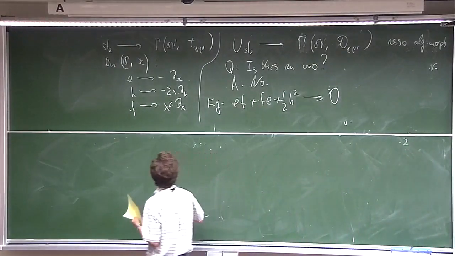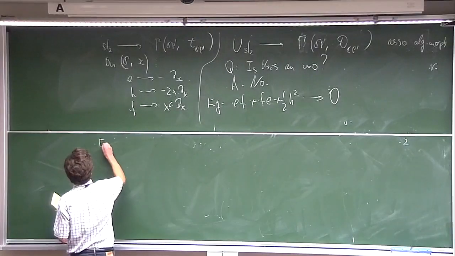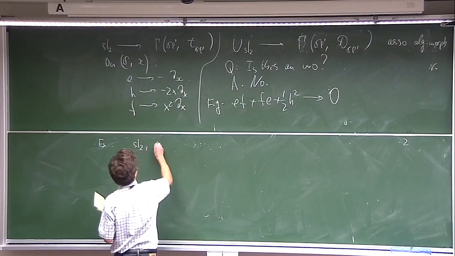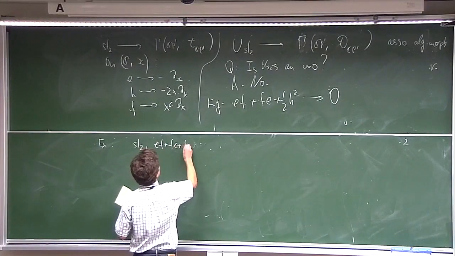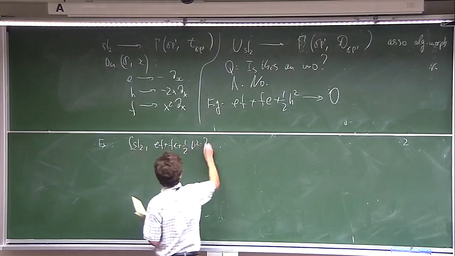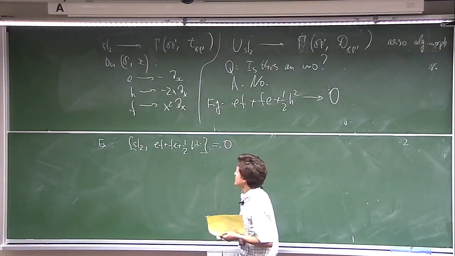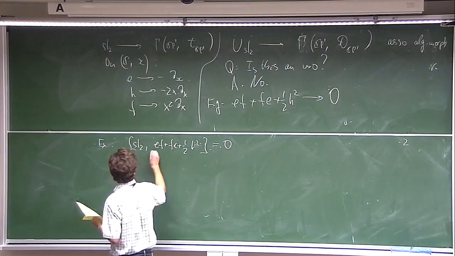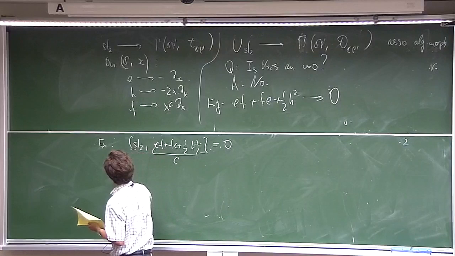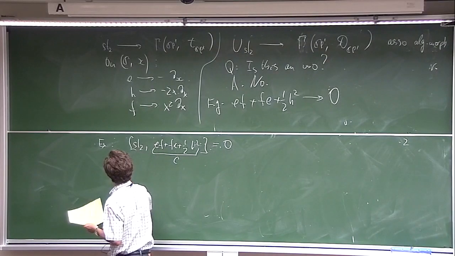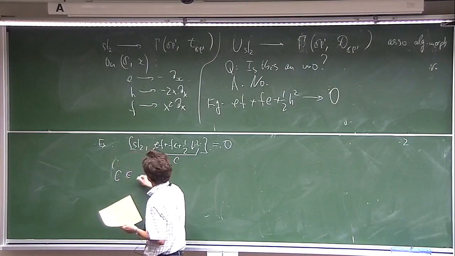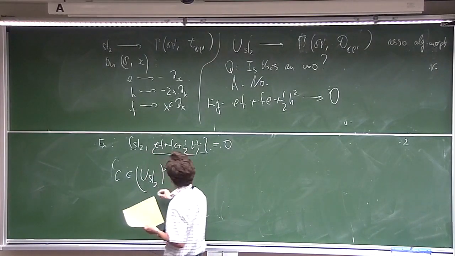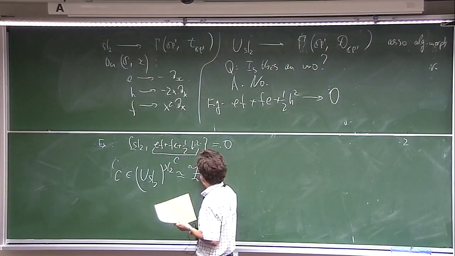So you can verify that the bracket of any element of SL2 with this famous element is 0, which means that this element, let me call it C, is SL2 invariant, and being SL2 invariant is the same as being central.